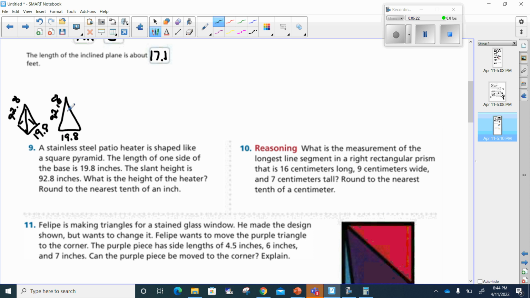So what we have to do is take this and split it right down perpendicular.